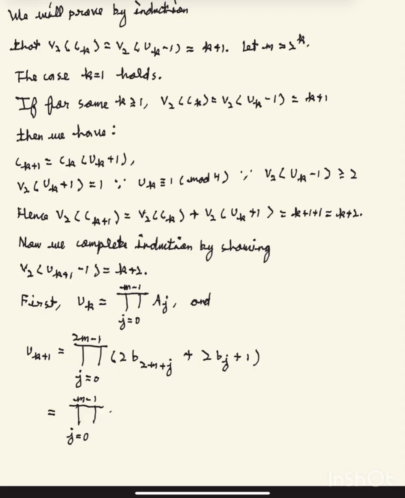We can reindex the terms so that we pair off the terms such that we get (2 b_{2m+j} b_j plus 1) times (2 b_{3m+j} b_{m+j} plus 1).